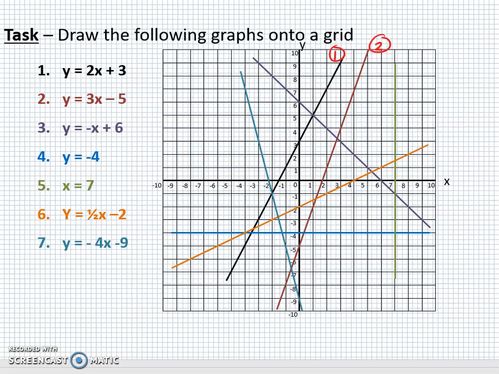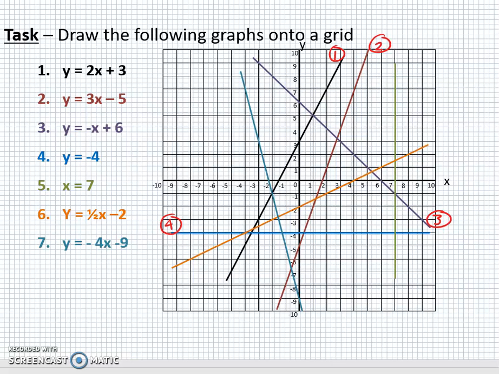Number 3 is this purpley one here. Number 4 is this blue one just here, because it's a y line, so it's going to be a horizontal line, so that's number 4 here. Number 5 is an x line, so these two are similar to our do now.